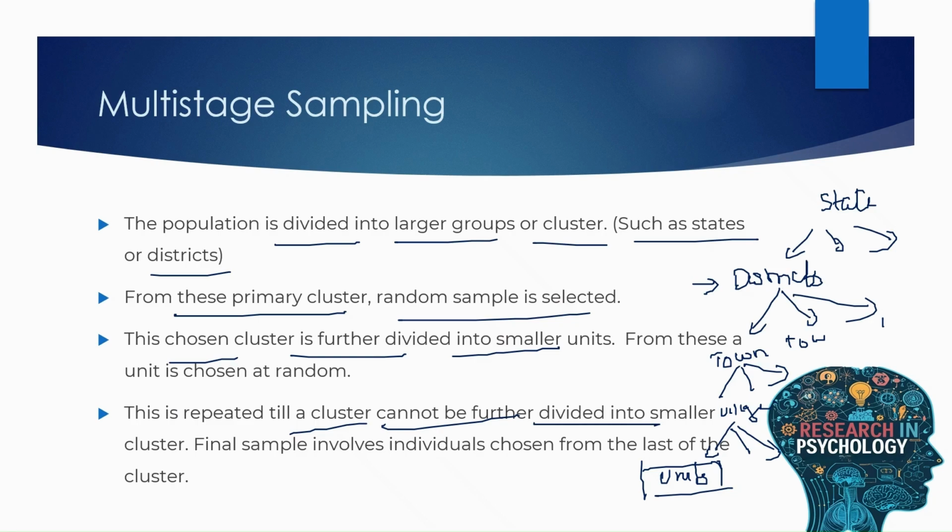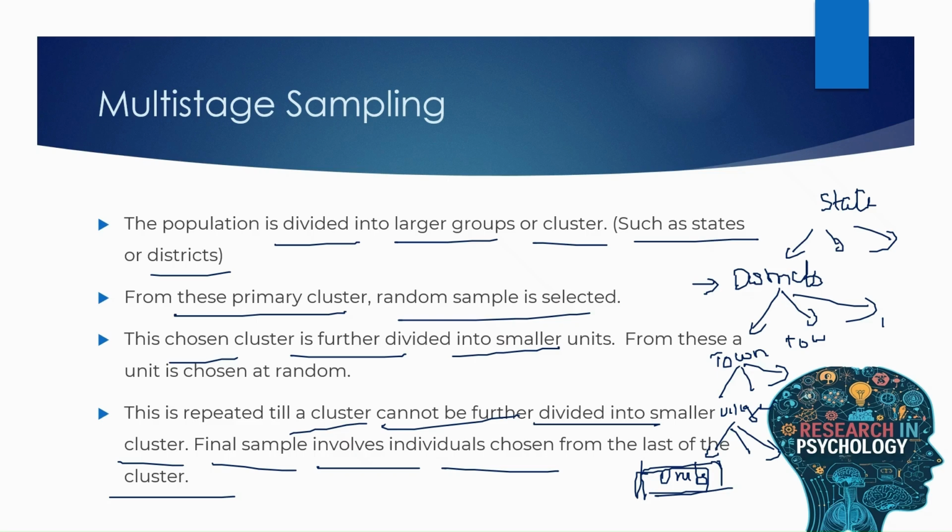So you keep dividing the population into smaller clusters till you can no longer divide a cluster into smaller ones. The final sample involves individuals chosen from the last of the clusters. So whatever is the final cluster, from here you randomly choose individuals for your study.